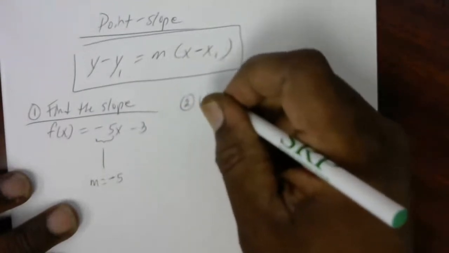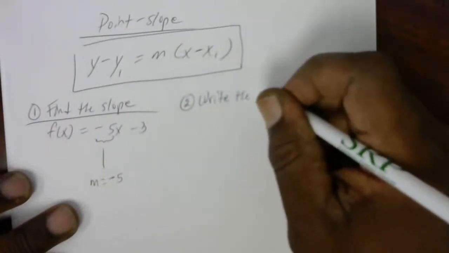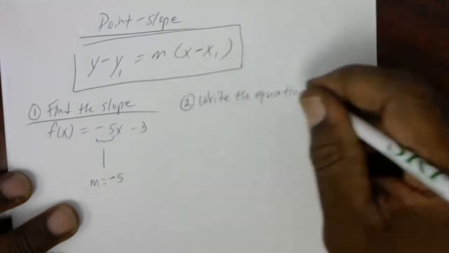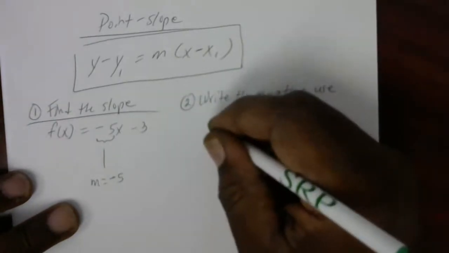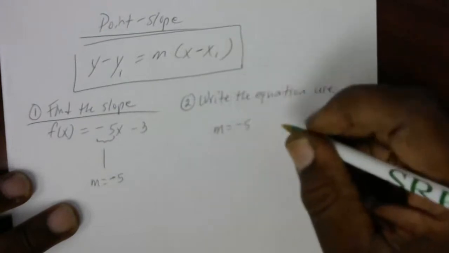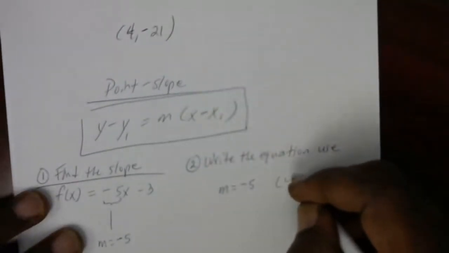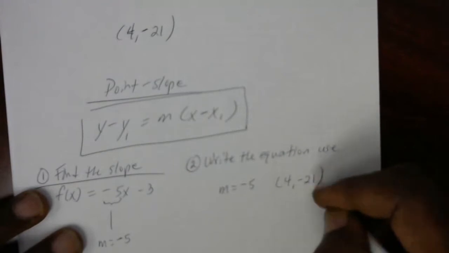So the next thing we'll do is write the equation. We're going to use the slope, negative 5, and we're going to use a point on the line, 4 comma negative 21.